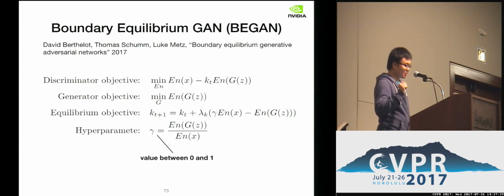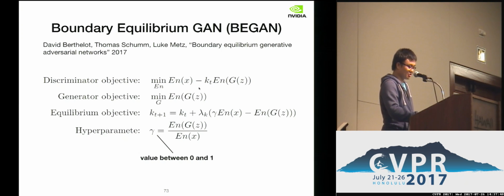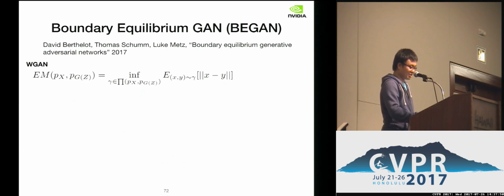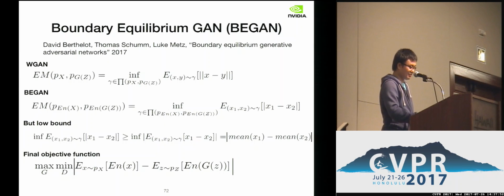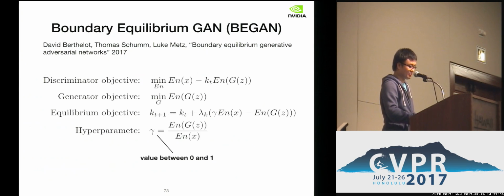And they have one very interesting way of doing that, which they borrow from control theory. Here we have the energy terms from the true distribution and the fake distribution, right? So here they add a k_t to try to control the balance between these two goals when you train the discriminator.